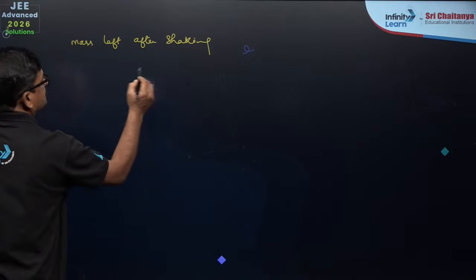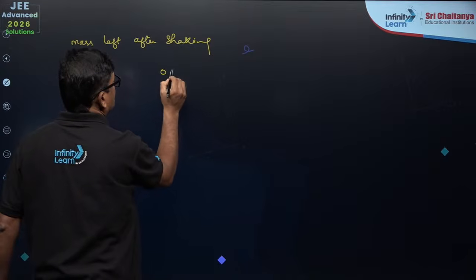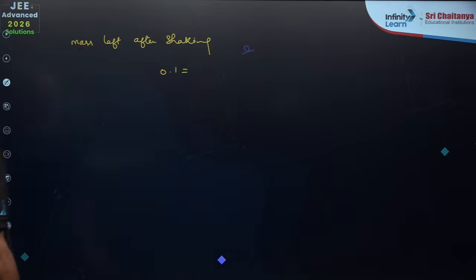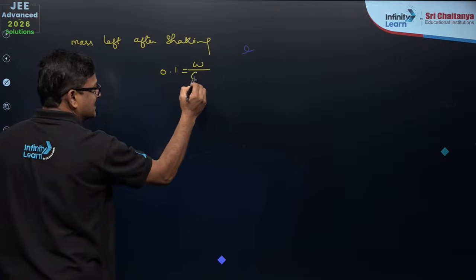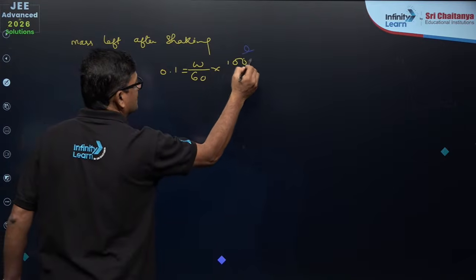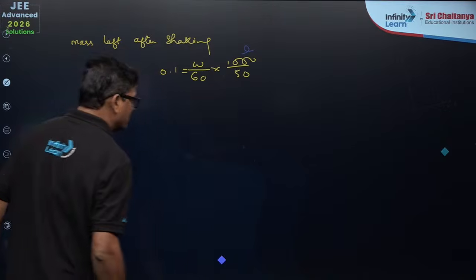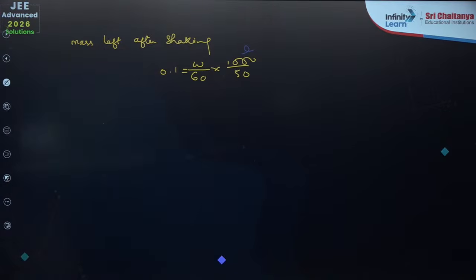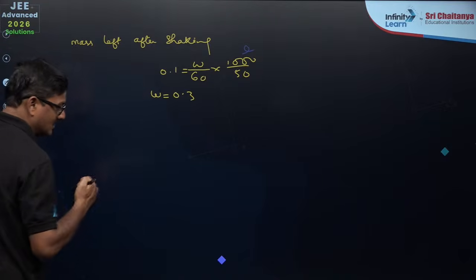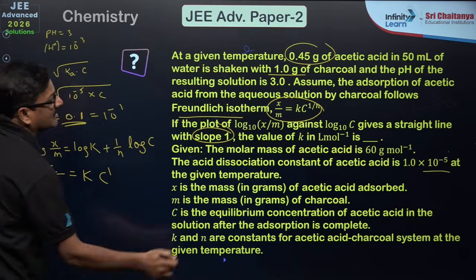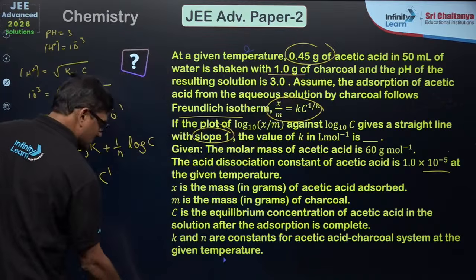That is equal to weight by molecular weight, 60 into 1000 by 50, 50 milliliters of solution, isn't it? So weight is going to be 0.3. Initially you have taken 0.45 grams.